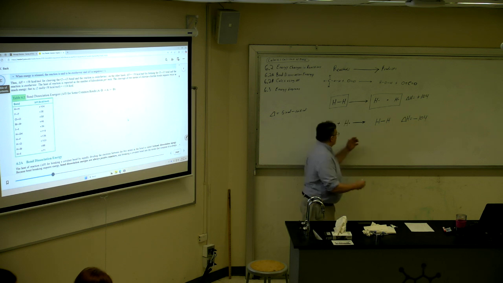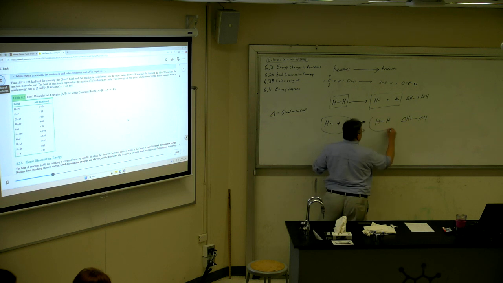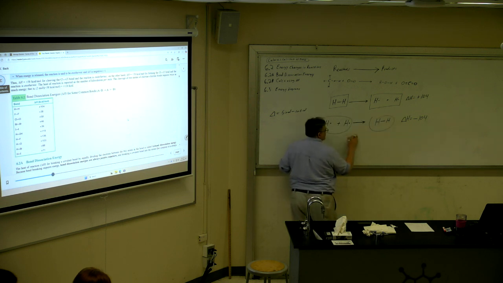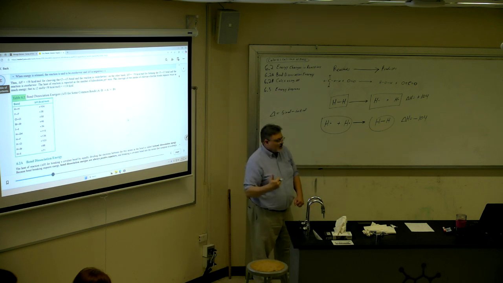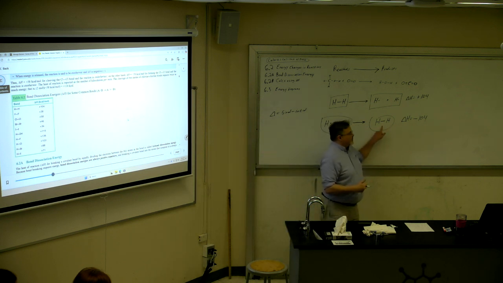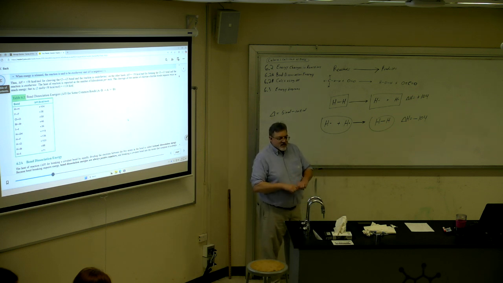So in this box versus what's in this box, energy has gone down. These two hydrogens, when they come together, lose 104 in the process. That's why this says negative. It's from the standpoint of the atoms or molecules themselves, not from the standpoint of the observer on the outside.